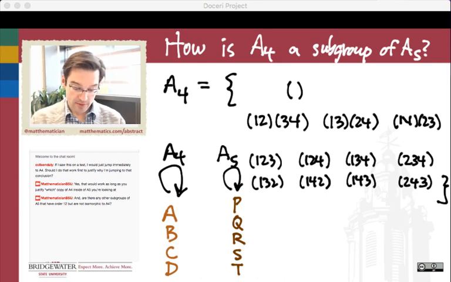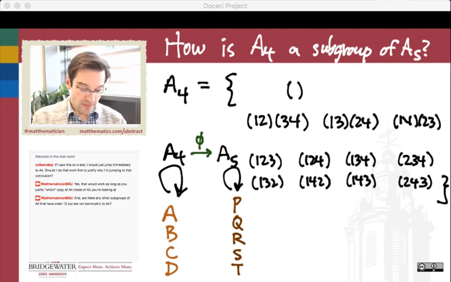Every permutation of 4 symbols can be made into a permutation on 5 symbols. I'm going to call this function phi.